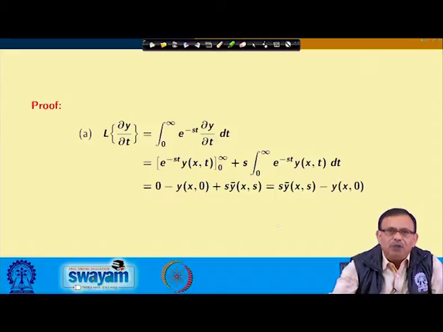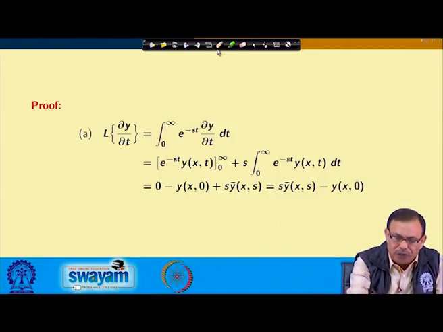If I put the limit on the first part, for infinity the value will be 0. At t equals 0 it becomes minus y(x,0) plus s ȳ(x,s). So I can write s ȳ(x,s) minus y(x,0). This completes the proof of the first one.